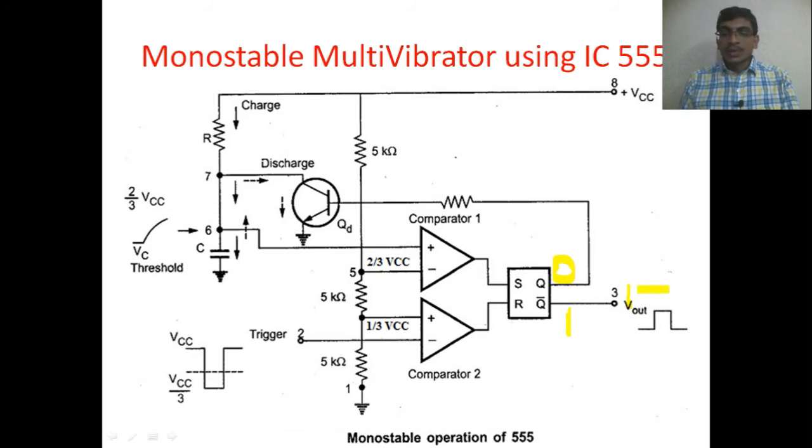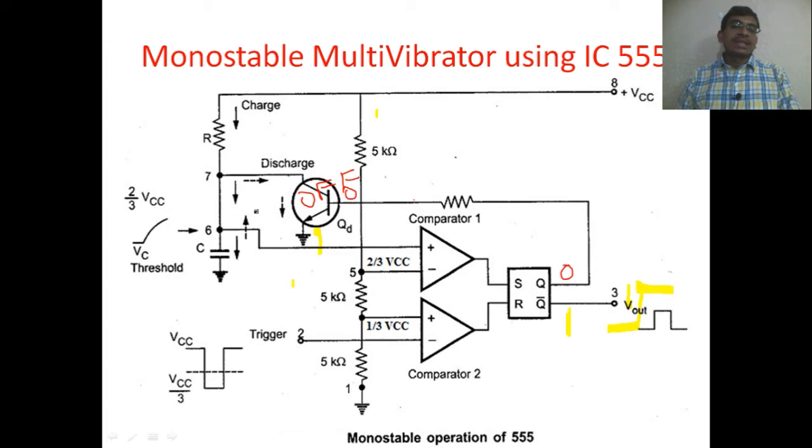Therefore, the output will become plus V saturation or VCC. As the Q voltage is equal to 0, this 0 is directly given to the base of this transistor. Here the voltage is 0, therefore this 0 will switch off the transistor. This transistor will be in off state.